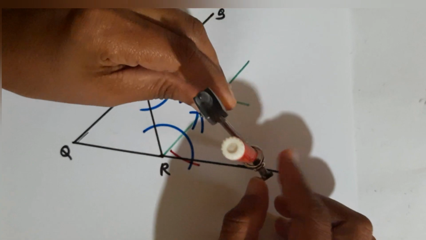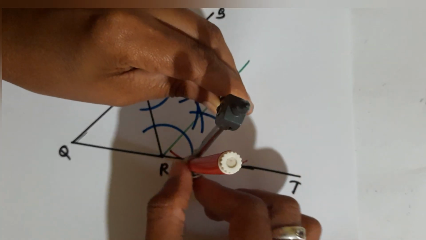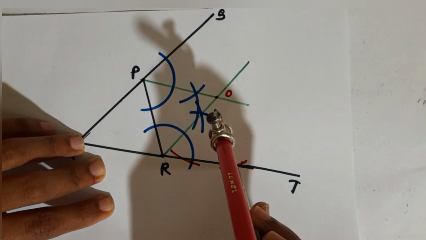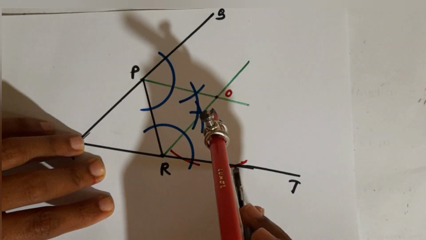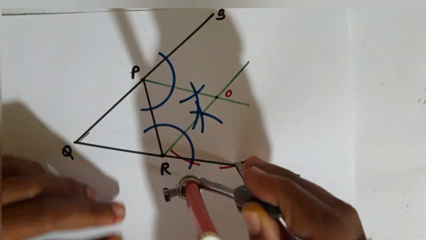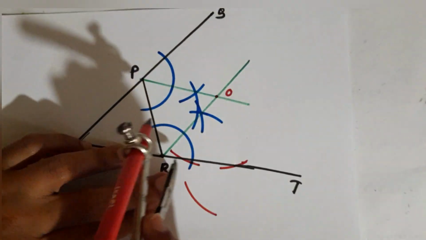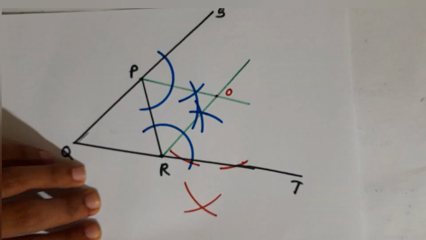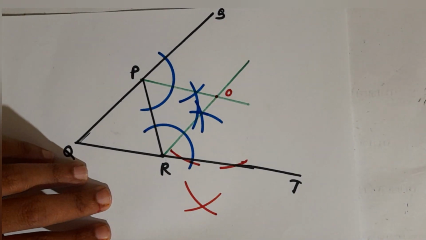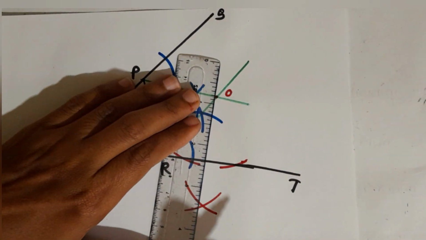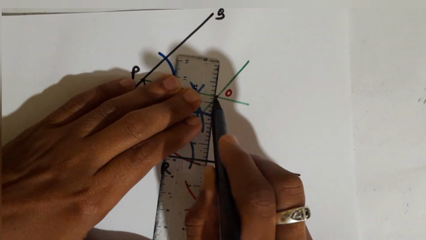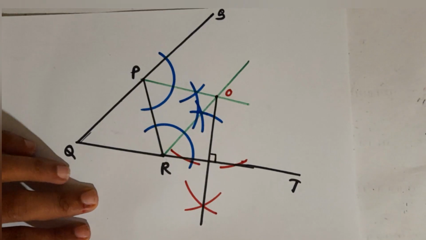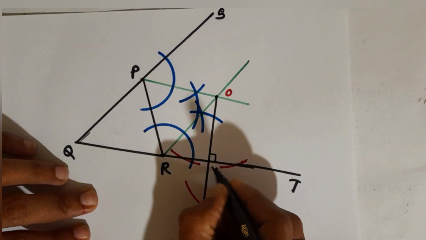This is the way. Now this is the perpendicular from O to the RT straight line segment. I'll take this point as X.